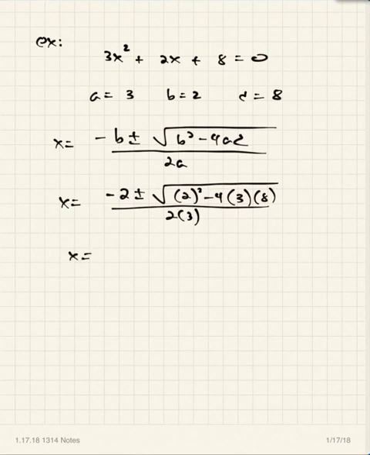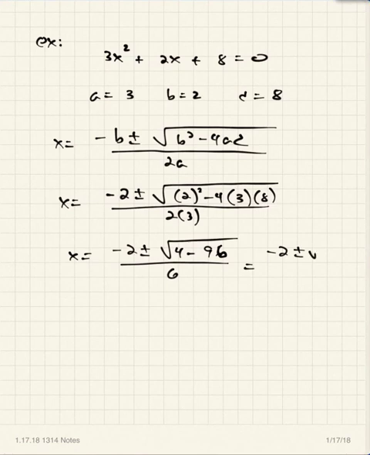And so you get x equals -2 plus or minus the square root of 4 minus, and then 4 times 3 times 8 is 96, all divided by 6. Right, 4 times 3 is 12, and then 12 times 8 is 96. And so notice this gives you -2 plus or minus the square root of -92 over 6, like that.